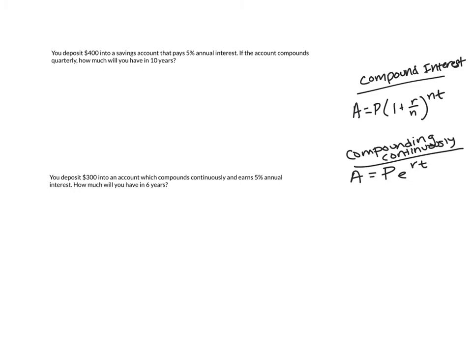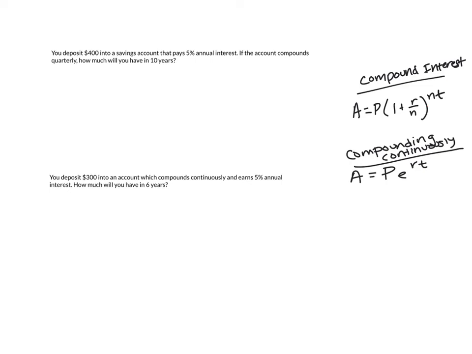Okay, so now let's take a look at some problems in the real world where we might see exponential growth or decay and be able to use it. And we have two financial examples here that I want to look at. And so there's two different equations you might use in these financial situations. One is the compound interest formula.